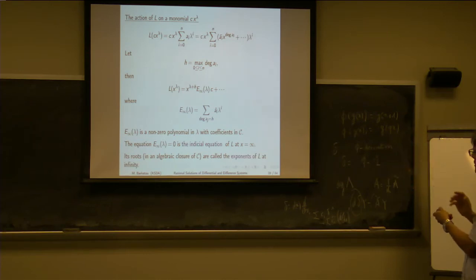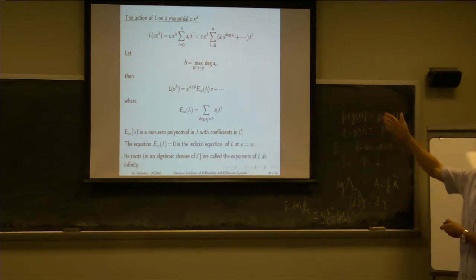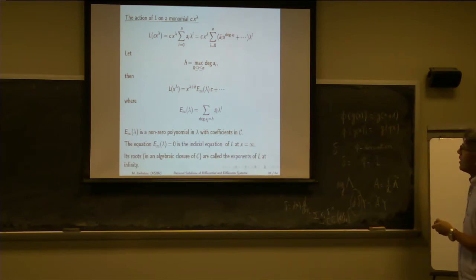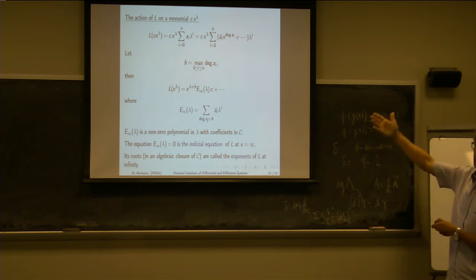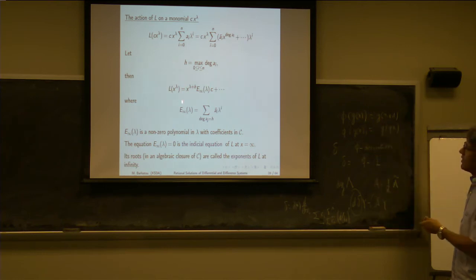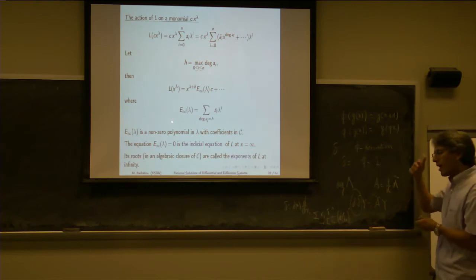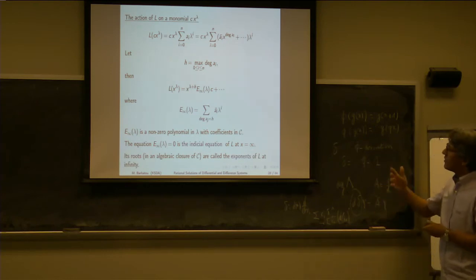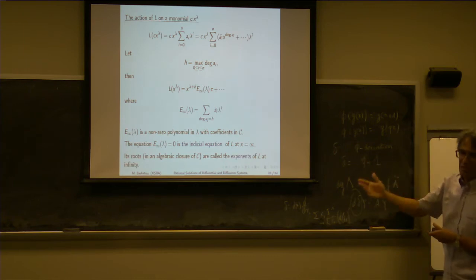This is the difference with the differential case, and so the good way is to look at this as a local solution at infinity. So it's the Frobenius method, if you look for local Frobenius series solutions at infinity. Then you get that the exponent lambda must be a root of the initial equation. Of course, the Frobenius method works for systems with regular singularities.